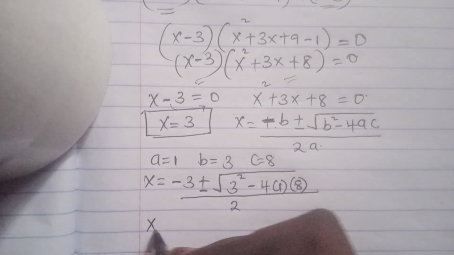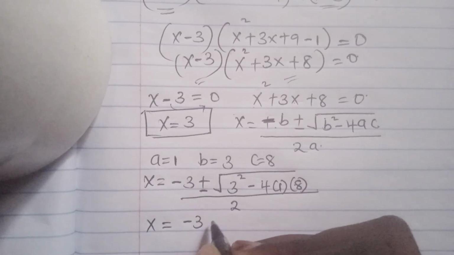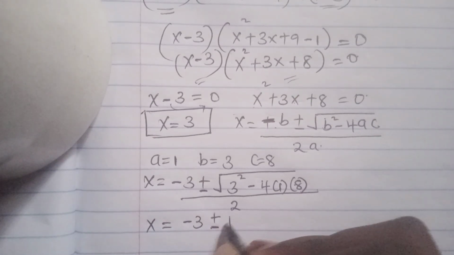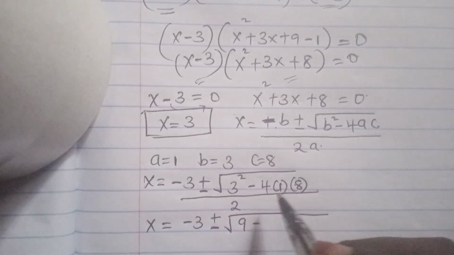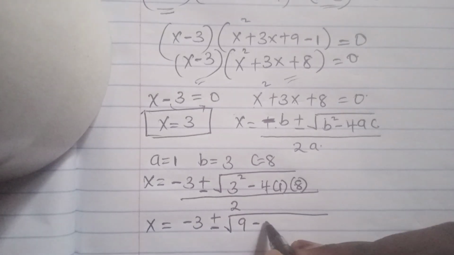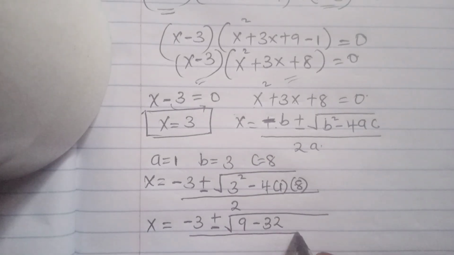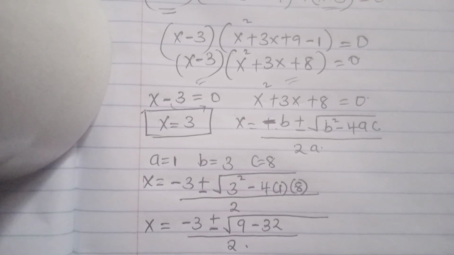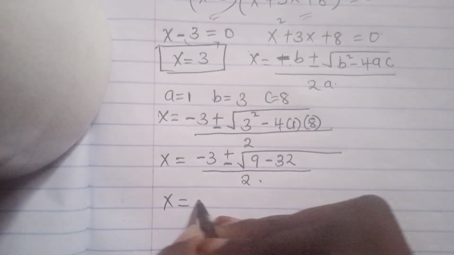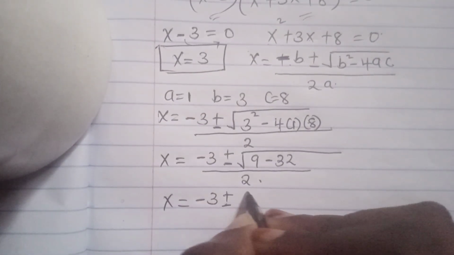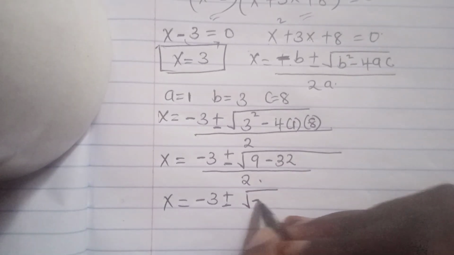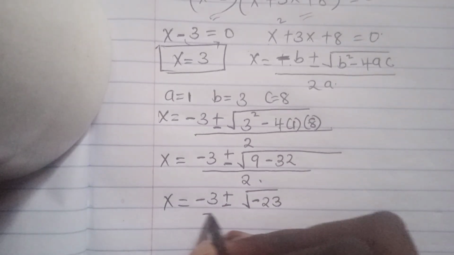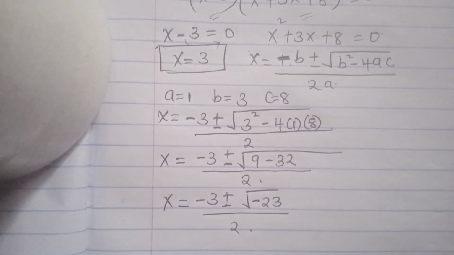x = negative 3 plus or minus the square root of 3^2, this gives us 9, minus 4 times 8, this gives us 32, over 2, right? So let us continue to evaluate. x = negative 3 plus or minus the square root of 9 minus 32, this is minus 23, over 2, right?